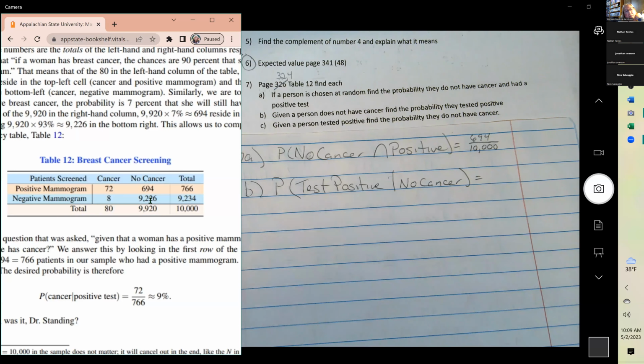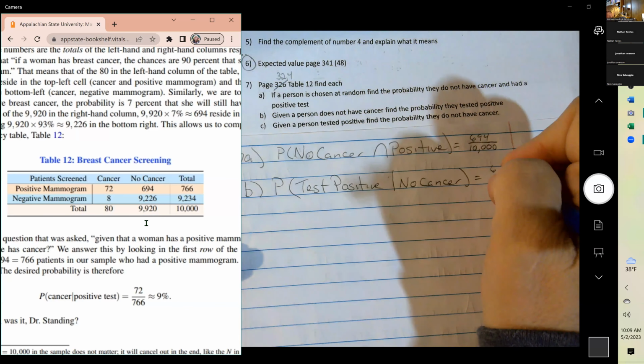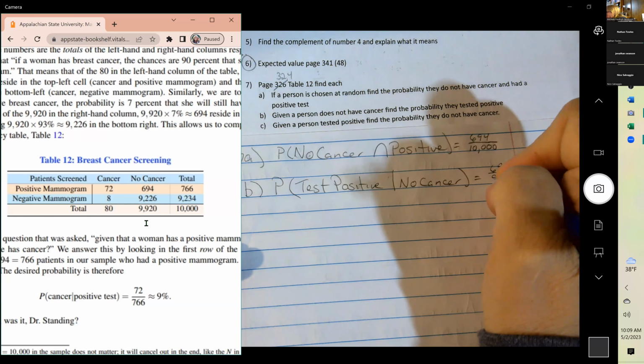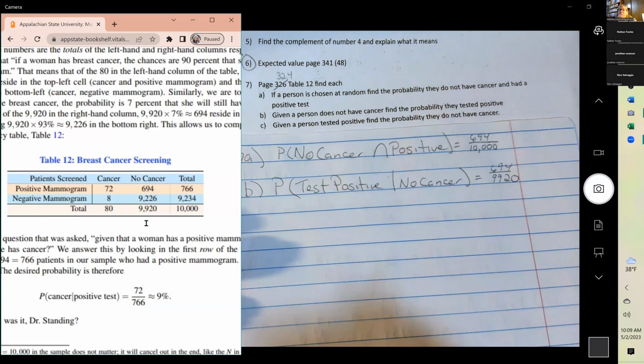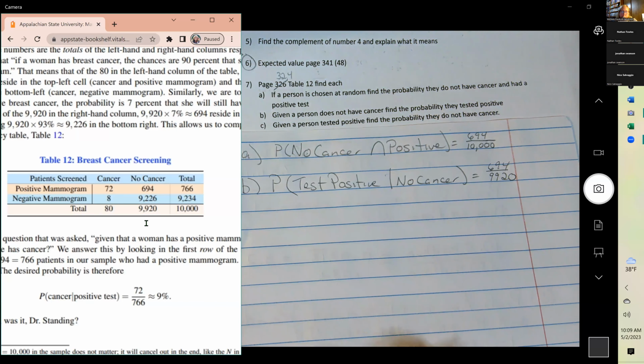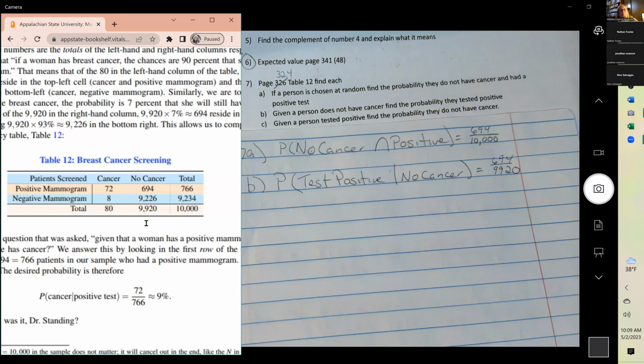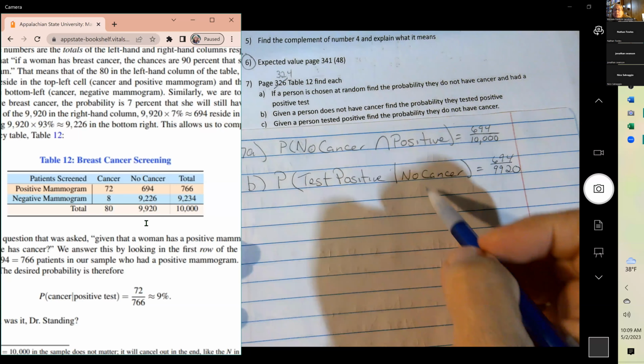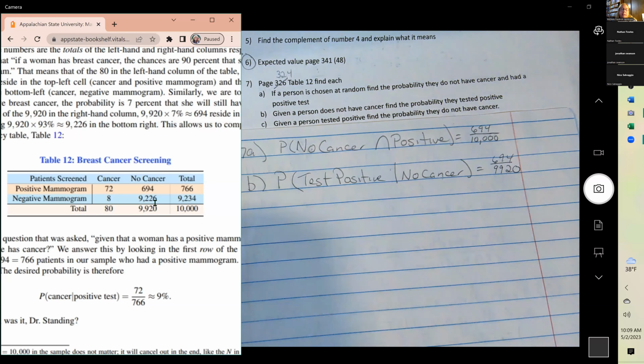So it's 694 out of 9920. Any questions on that? So I used only that column because I was given the person did not have cancer. So I knew it had to come from this. And then positive is 694.